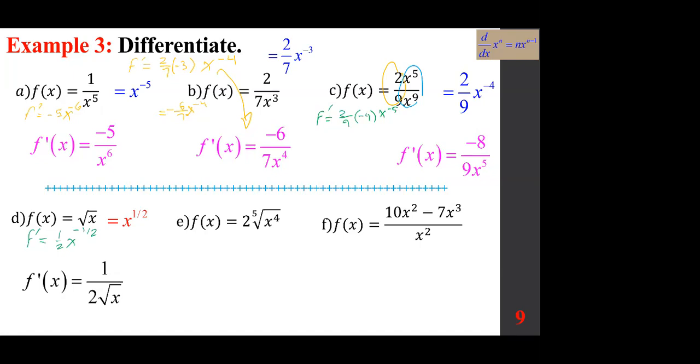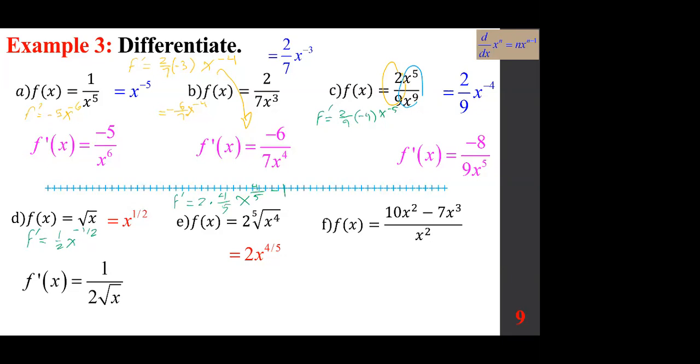We do the same thing for the next one. We change it to 2 times x to the power of 4/5. And now we can find f prime. I'm going to put it up here, is 2 times 4/5 x to the power of 4/5 minus 1, which is negative 1/5.